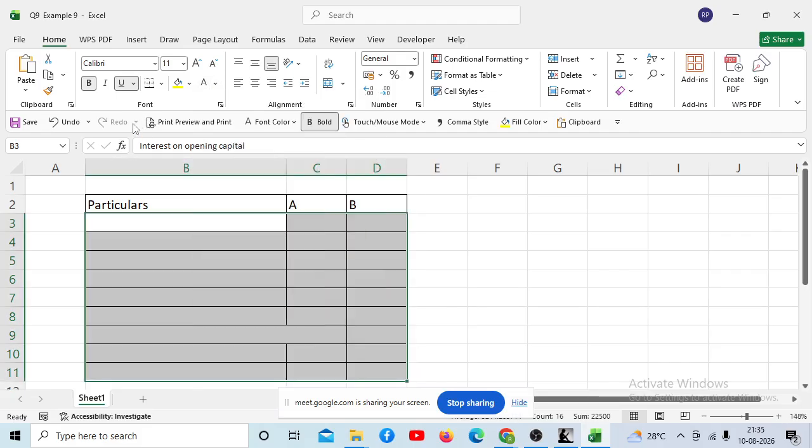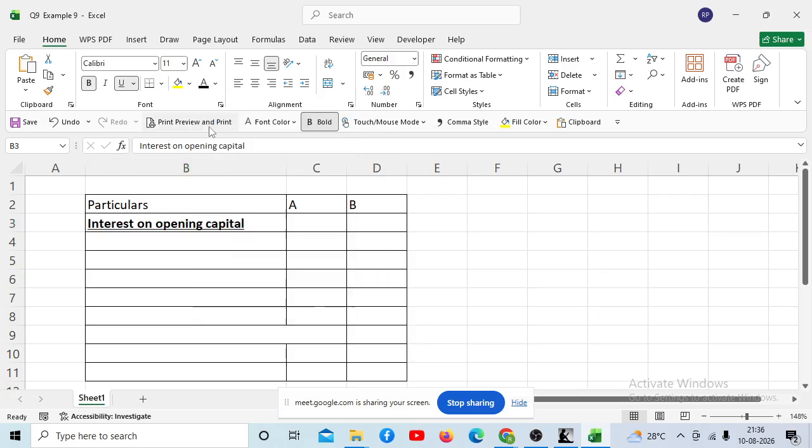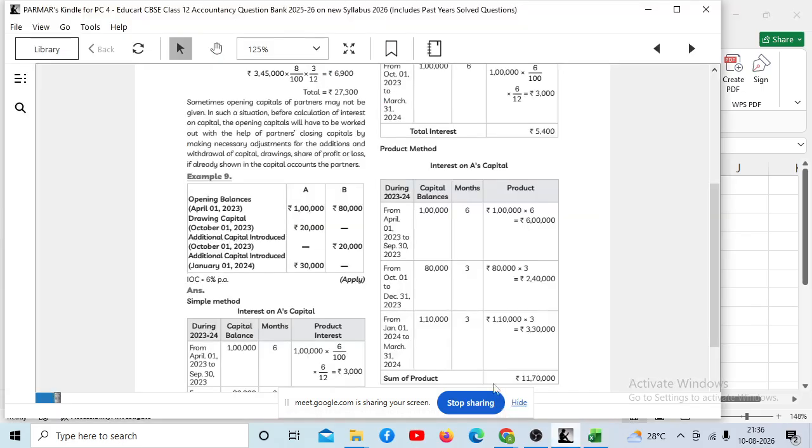Okay, so give the heading interest on opening capital. Done. Okay, now we will see in the question what their opening capitals are.